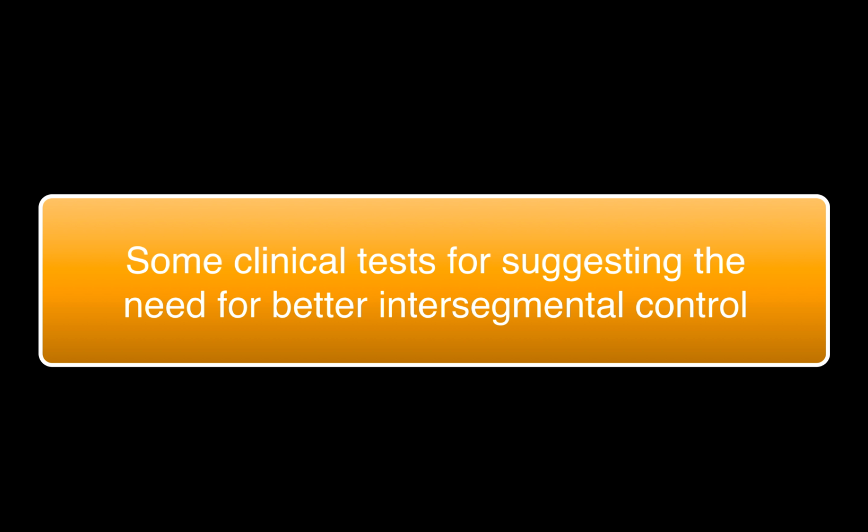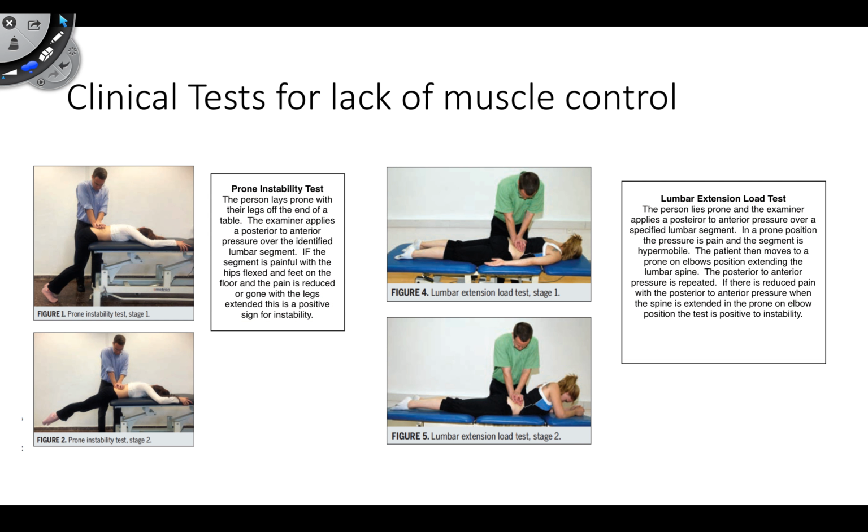Clinically, we don't usually have access to MRI and PCSA, especially before and after treatment. So a test to determine if muscle control is important to pain, with the idea that muscle control might stabilize and prevent pain, are these two clinical tests.